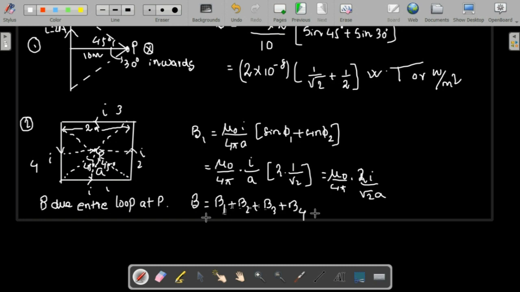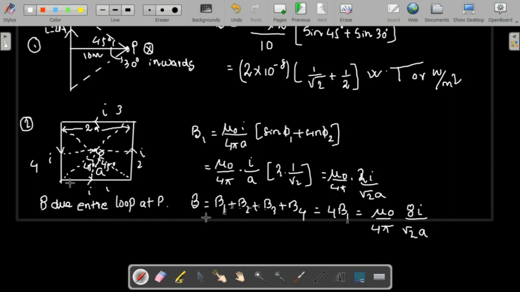But it's symmetric, so you're going to get the same answer for all of them. So it is going to be 4 times B1. That means the answer is mu naught divided by 4 pi into 8I, 4 times 2 is 8, divided by root 2 A, and that would be your answer for the magnetic field.